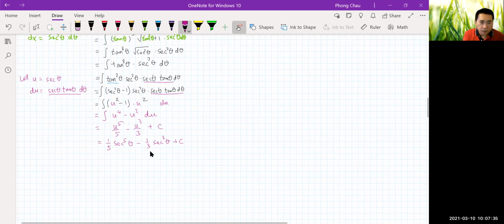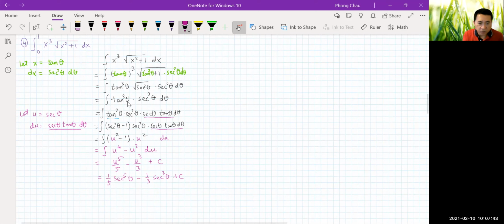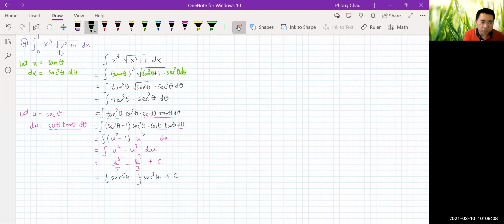Now we're back to theta, and then we need to express that in terms of our original variable x.